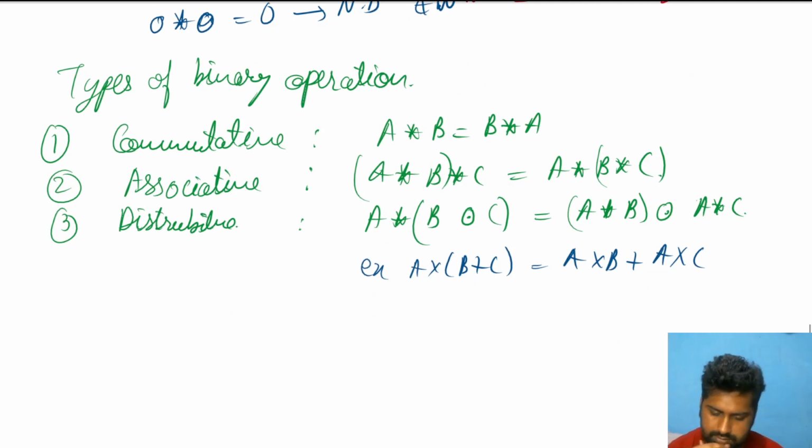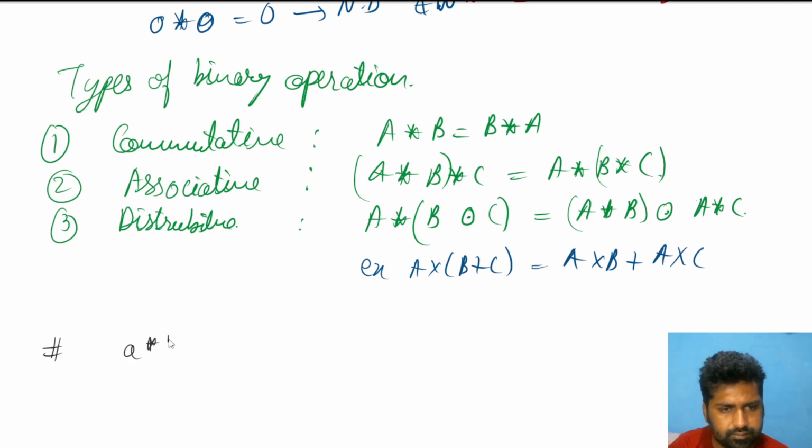Next, we have to check whether certain operations are associative or not, commutative or not. You have to know how to check them. Basically, we have to check whether these properties are valid or not. Let's see an example.